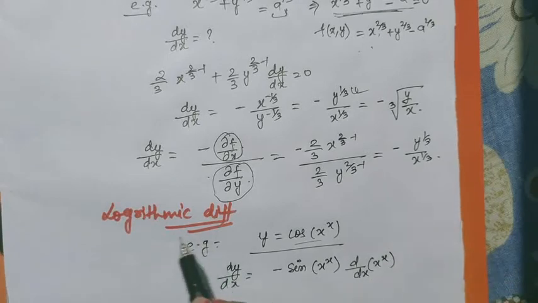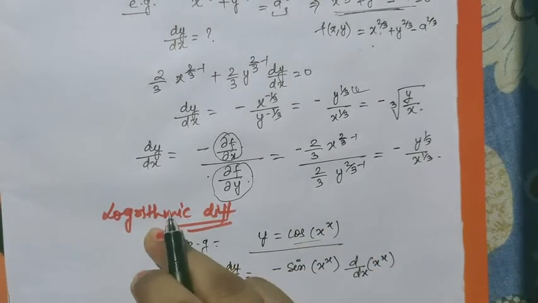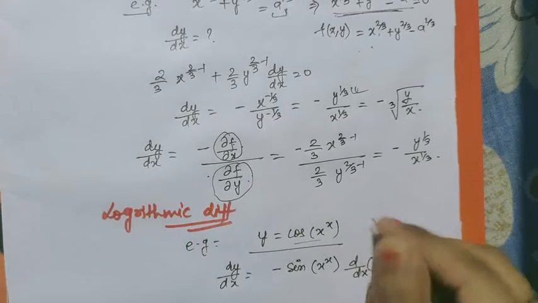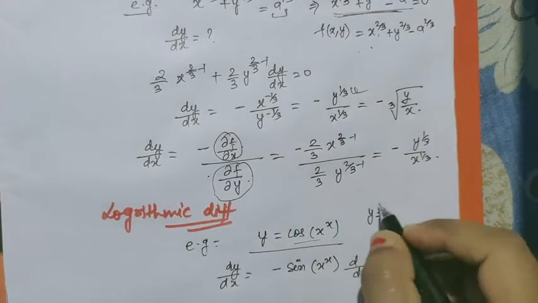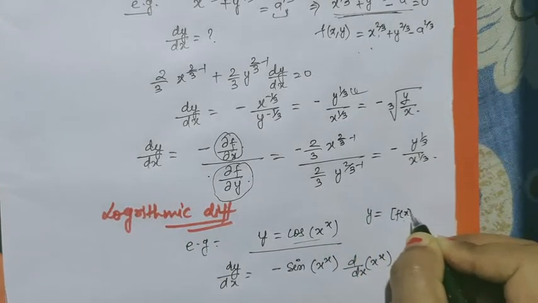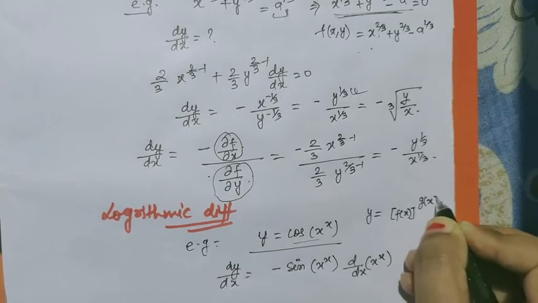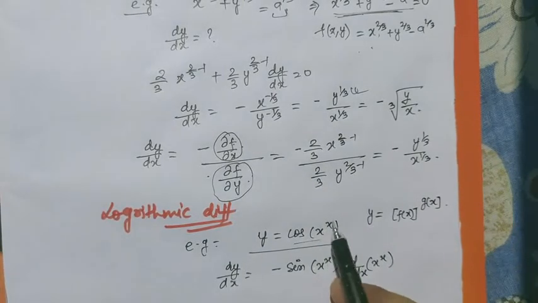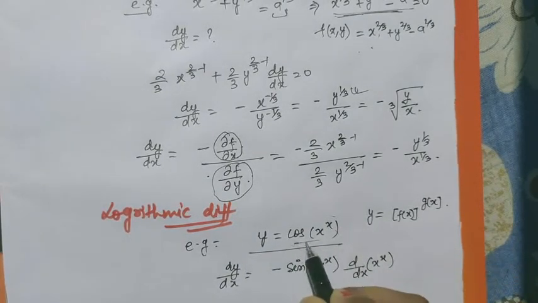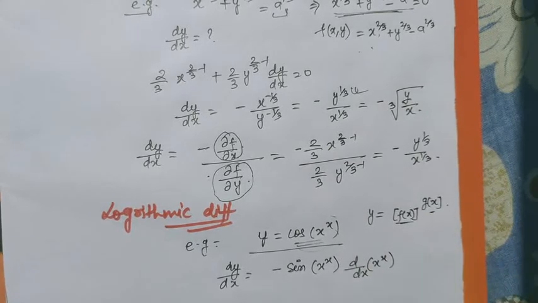See here, we use logarithmic differentiation for a function in which y equals f(x) raised to power g(x). Okay, this function was not directly in the form f(x) raised to power g(x).